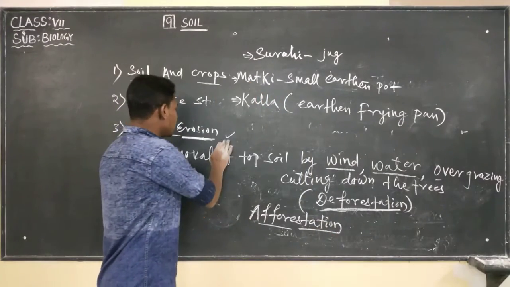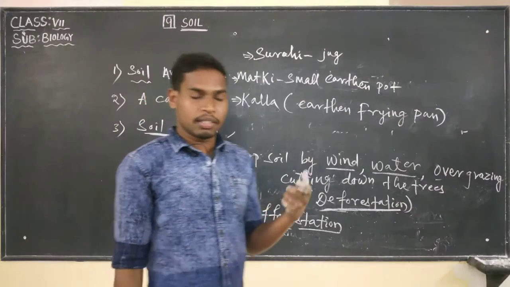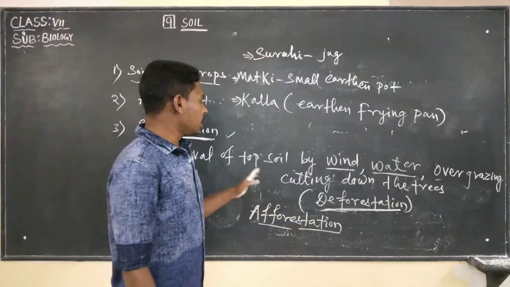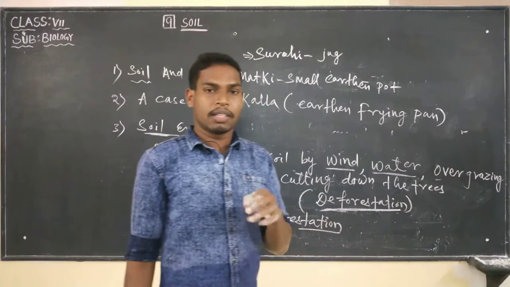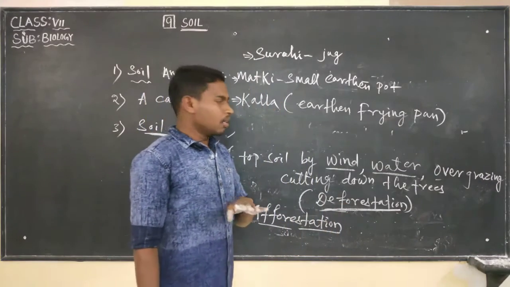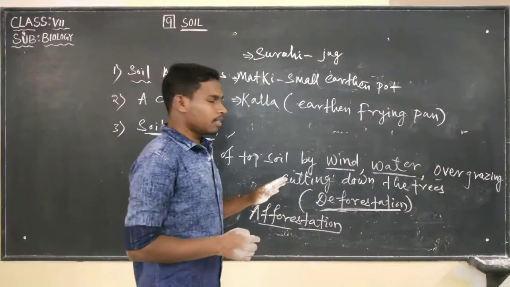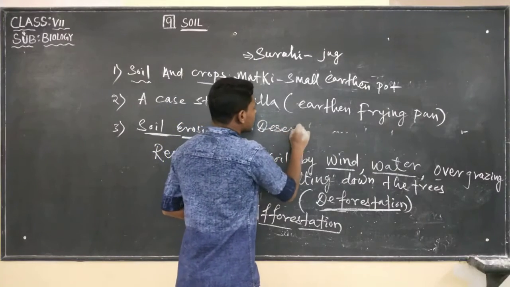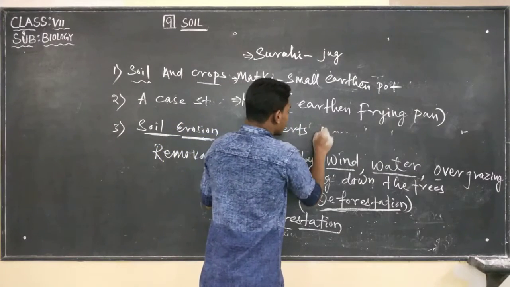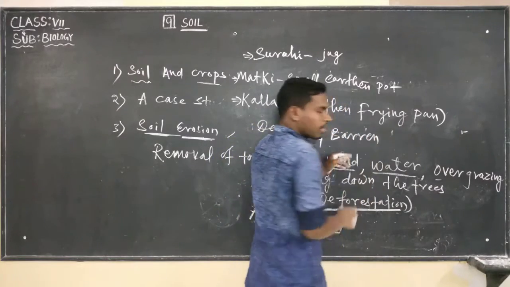Okay, so we know that soil erosion is more severe in areas where there is no vegetation at all, where there is less vegetation or no surface vegetation. Lands like deserts and barren land. Barren land means without any cultivation.